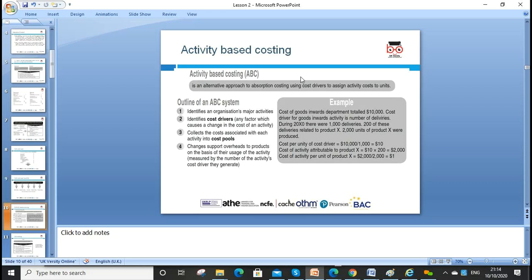Let's look at an example. The cost of the goods inward department is 10,000. The cost driver for goods inward activity is the number of deliveries: 1,000 deliveries and 10,000 cost.